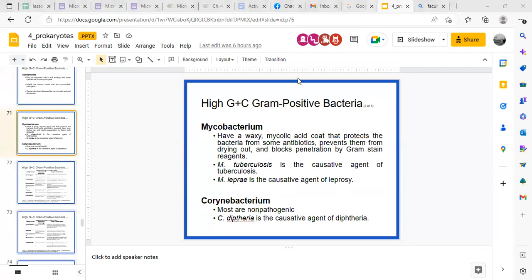Okay, another class is Mycobacterium. Under the class Mycobacterium, you have the species M. tuberculosis, which is the causative agent of tuberculosis, and M. leprae, the causative agent of leprosy. There was a time, before the development of antibiotics, when those with leprosy had to be separated and placed in a separate colony.